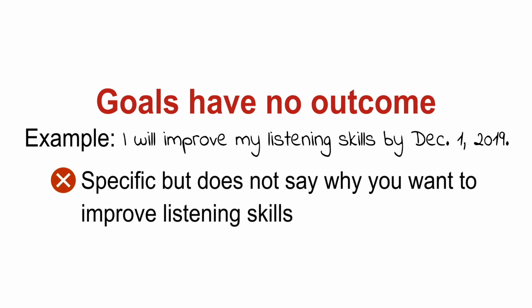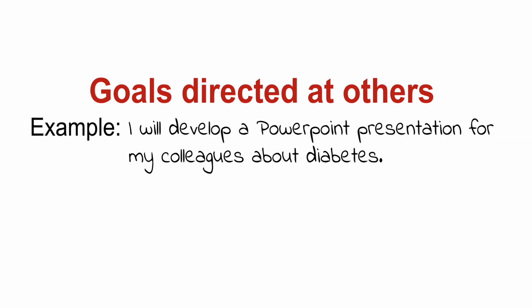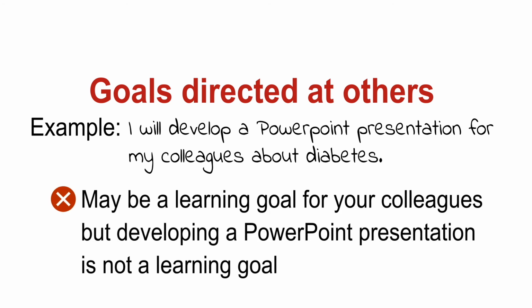It is specific, but it doesn't say why you want to improve listening skills. And finally, writing learning goals directed at others. An example for this would be, I will develop a PowerPoint presentation for my colleagues about diabetes. This may be a learning goal for your colleagues, but developing a PowerPoint presentation per se is not a learning goal.